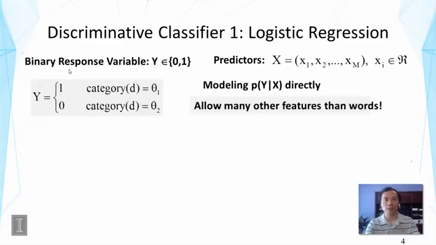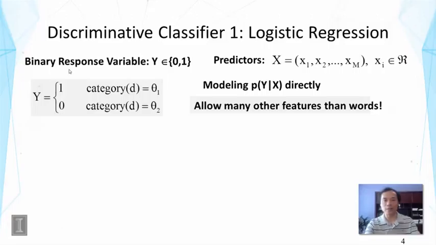So in our categorization problem, we have two categories, let's say theta 1 and theta 2, and we can use the y value to denote the two categories. When y is 1, it means the category of the document is the first class, theta 1. Now, the goal here is to model the conditional probability of y given x directly, as opposed to modeling the generation of x and y as in the case of naive Bayes.